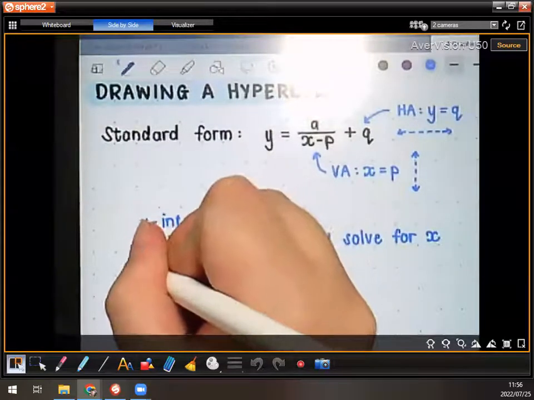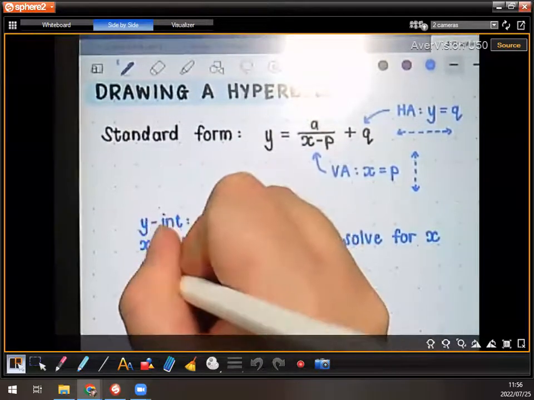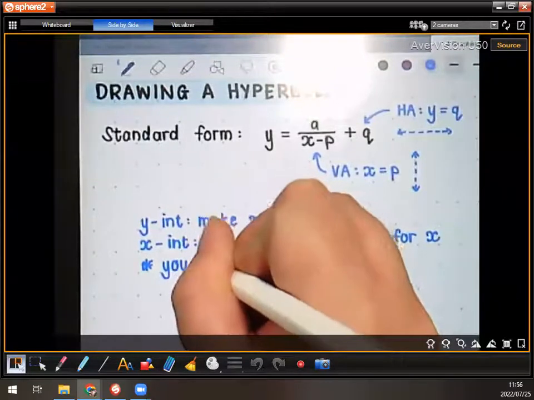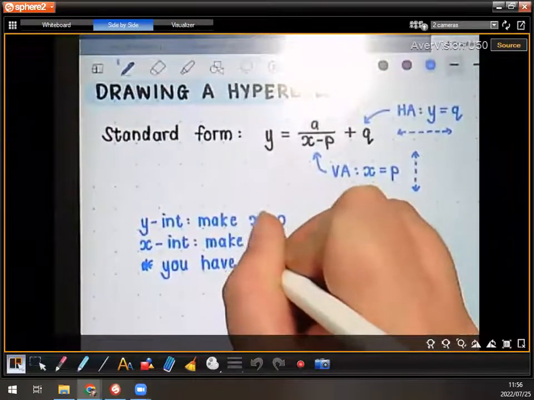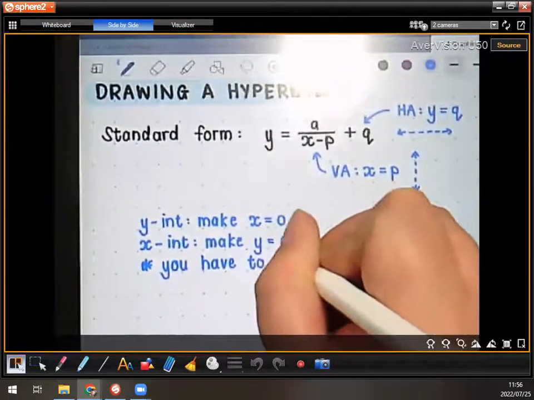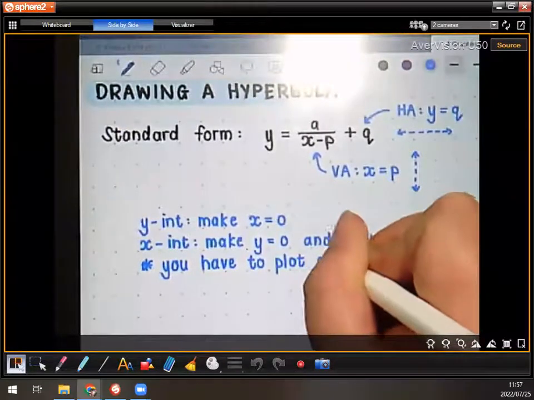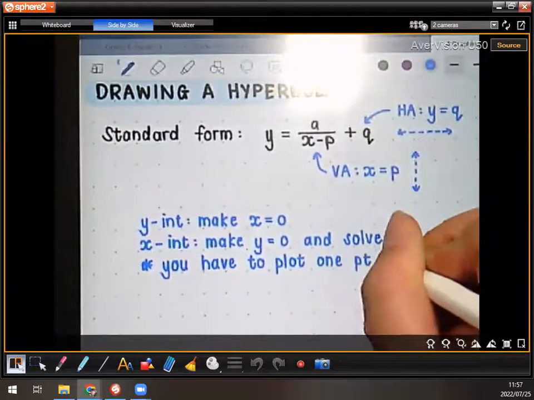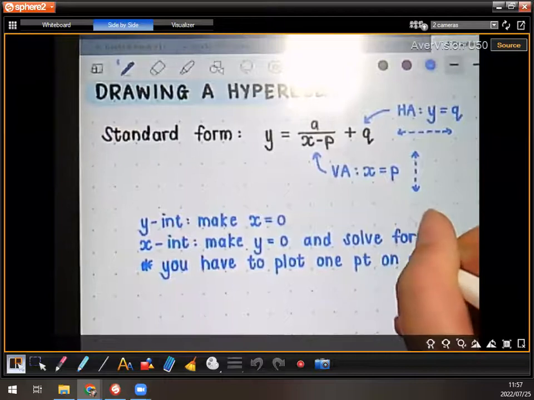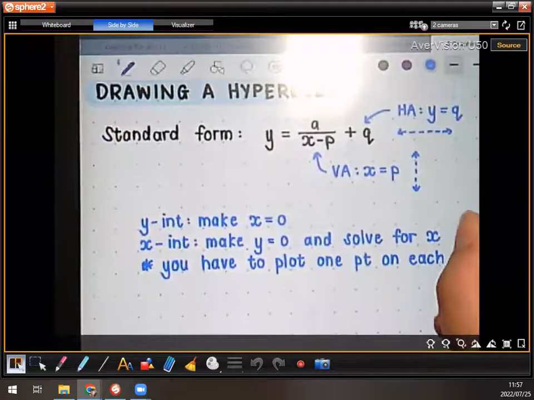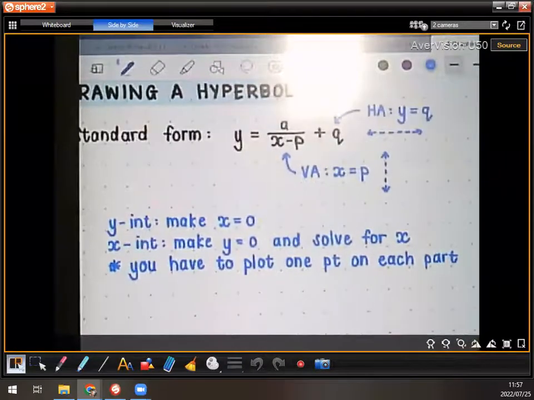I'm just going to add here: you have to plot one point on each part, or at least one, I suppose. It's fine if you do more than one, but you have to have at least 1 point on each.